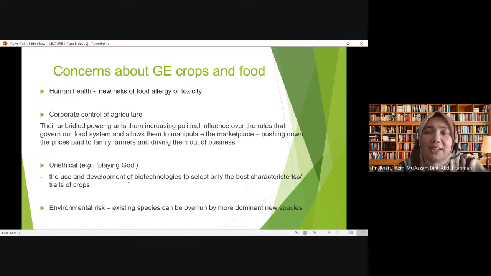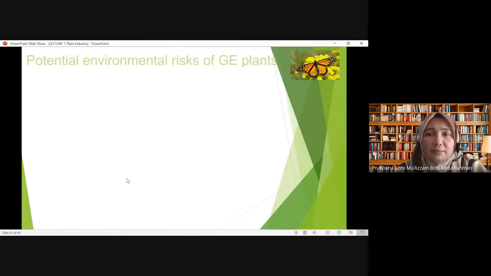So boleh juga menyebabkan extinction of the species, especially wild species yang tak ada genetik yang bagus. So kalau ada species baru yang kita modified genetically, yang lebih hebat, dia akan kalah dalam persaingan merebut nutrien, tempat tinggal and so on lah. Okay.